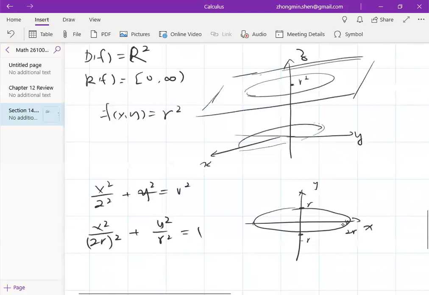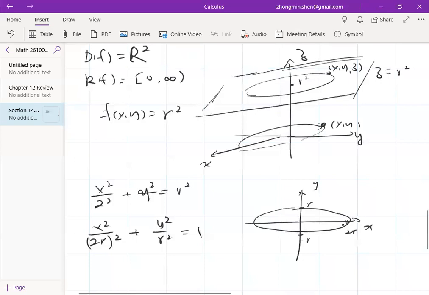And that means if I plot the points, you will get an ellipse in that plane. Every point here is x, y, z, but the z is always equal to r squared.